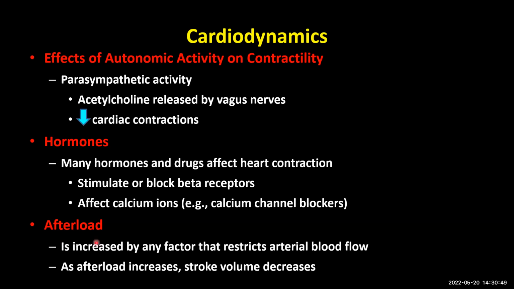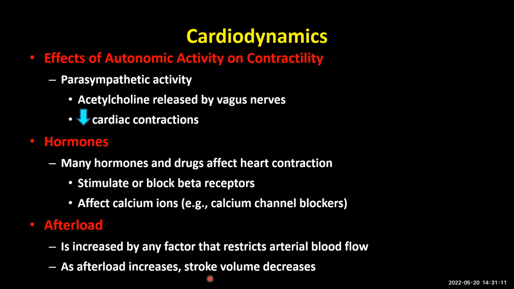And if the contractility is decreased, it cannot overcome the resistance, and that can be a problem. So if the blood pressure increases, which is the pressure in the aorta, and you keep the contractility the same, it means what? Stroke volume decreases. If the blood pressure increases, what do you have to do?